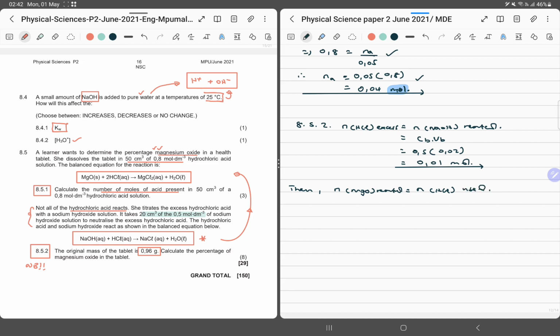And the number of moles of hydrochloric acid that was used is the difference between the initial minus the final, which is the number of moles initial minus the number of moles final.